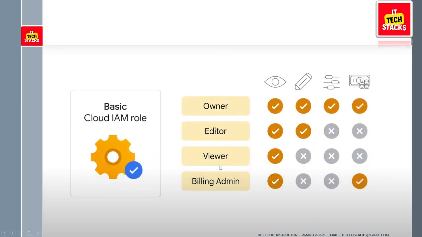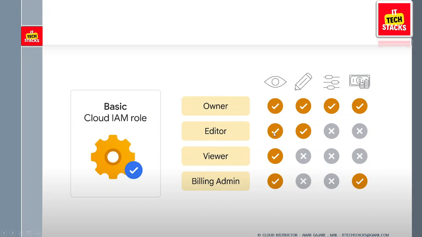Suppose we have multiple team members working, and in your team we all are developers, and some of them may need editor role, but not fully editable. Some of them may need access, but not the entire service level access.